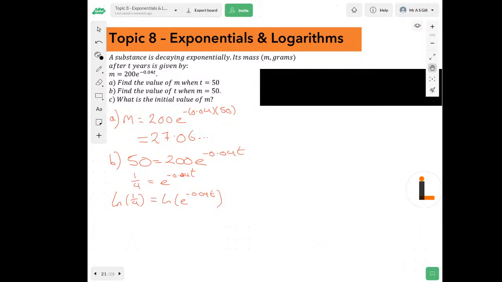Ln and e to the power of are inverse functions of each other, so this will cancel, and we'll be left with ln of 1/4 is equal to just our index.